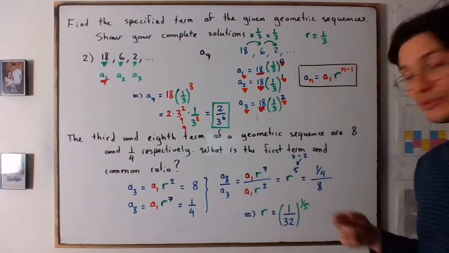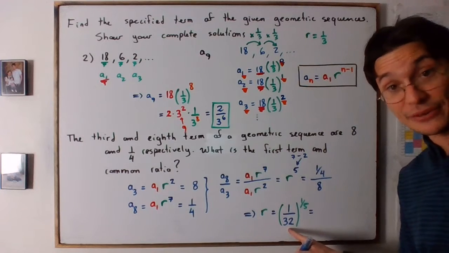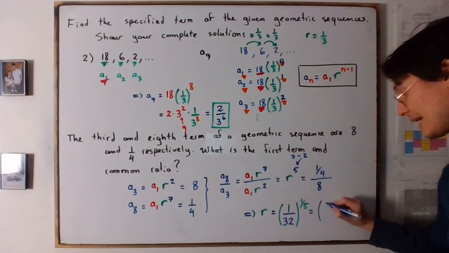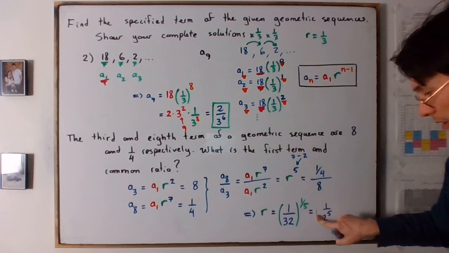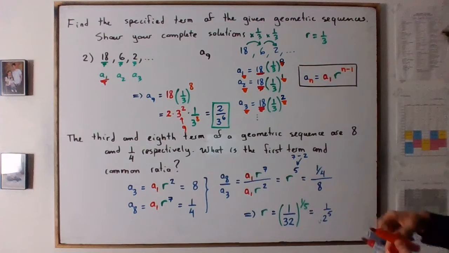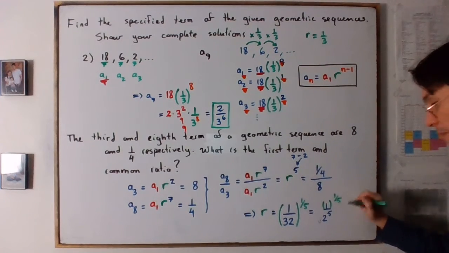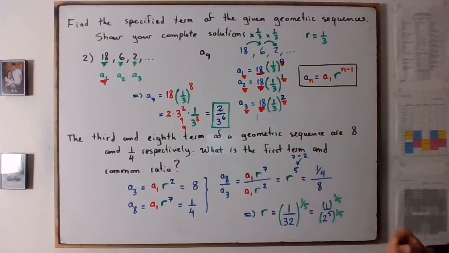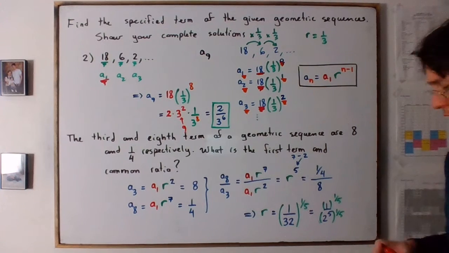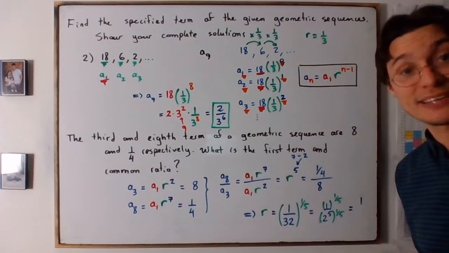All right, now how do we do this? Well, we hit a lucky number here, that 32, because it turns out that 32 is 2 to the power of 5. By the way, you can also distribute the exponent here: 1 to the power of 1 over 5, and 2 to the power of 5 to the power of 1 over 5. How do these exponents work now? Well, 1 to the power of 1 over 5 is simply 1. 1 to the power of anything is 1.